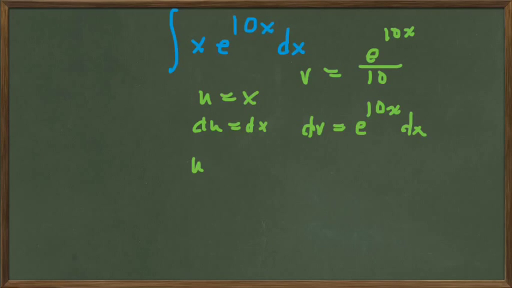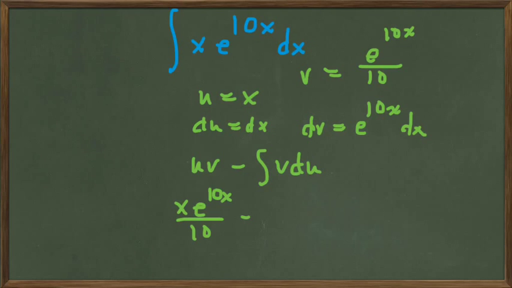The parts formula is uv minus the integral of v du, and so we have x e to the 10x over 10 minus the integral of 1/10 e to the 10x dx.